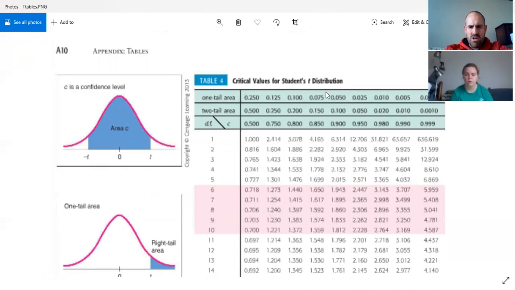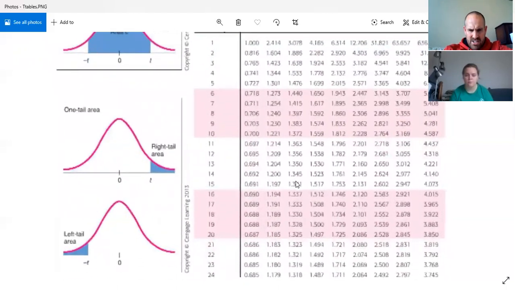So which column do I want? The 0.1. I would go down this column all the way down to here, and I would get 1.341, for 0.1 with 15 degrees of freedom. Is that what we got before? Yes.